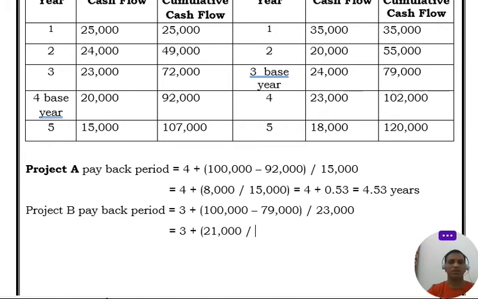21,000 divided by 23,000, that equals 3 plus what is the value? 21,000 divided by 23,000 is 0.91, that equals 3.91 years.